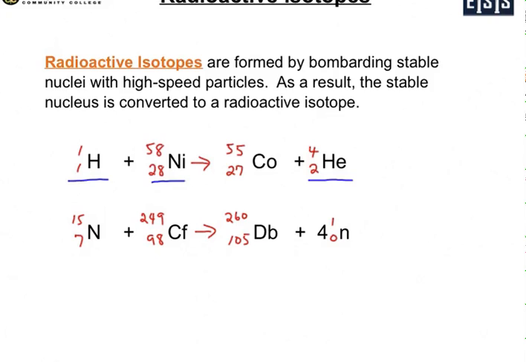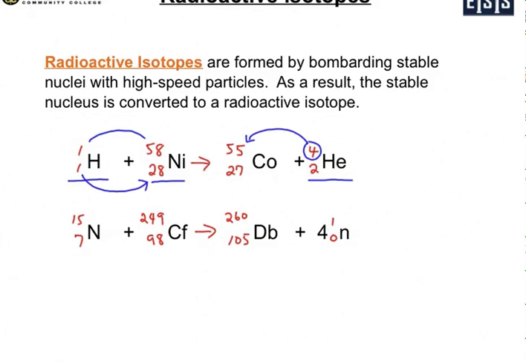And again, you would just do a mass balance. You would look over here and say, well, I have a total mass number of 59, and I know 4 is coming off here in the alpha decay, so therefore that leaves me with 55 over here. You would do your summation here.